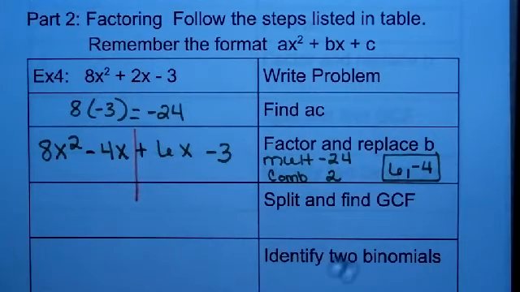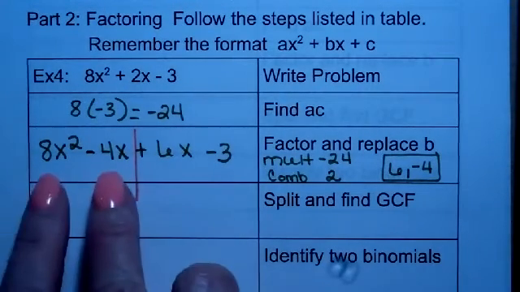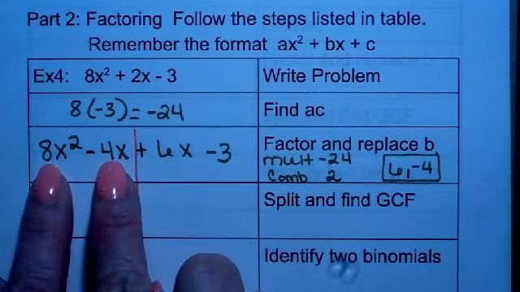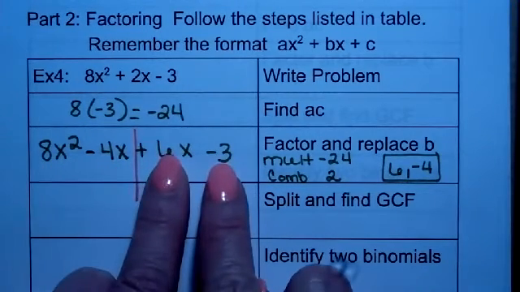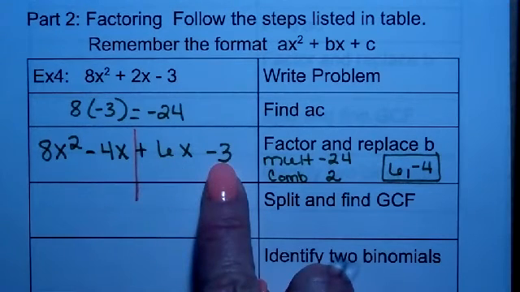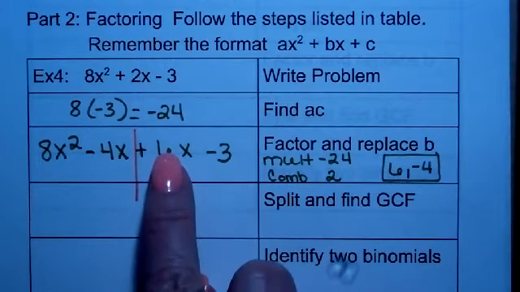The reason I need to do that is because in the next step, we got to split and find the GCF, okay? Now, 8 and 4 have a GCF. 6 and 3 have a GCF. But I want you to think about something. What would have happened if I had put the 4 right here instead of the 6?